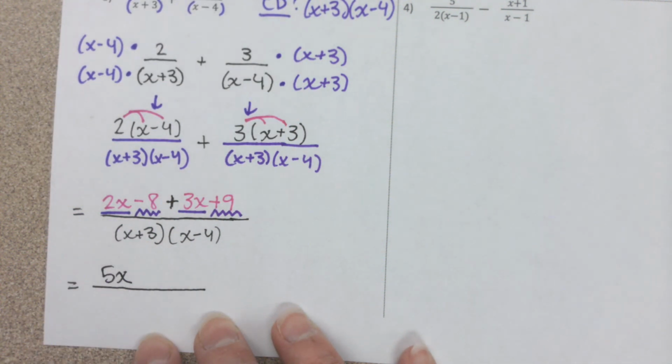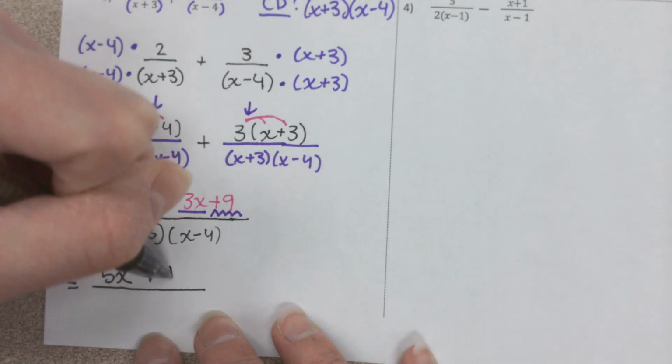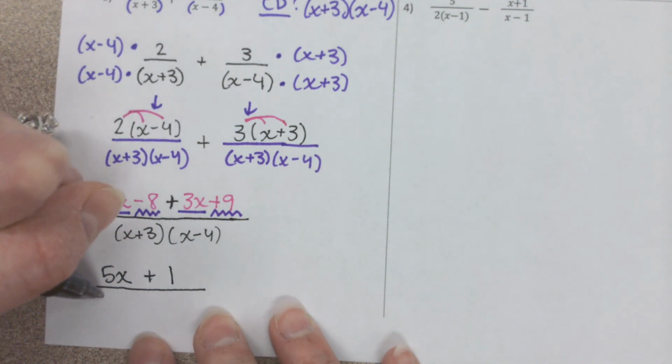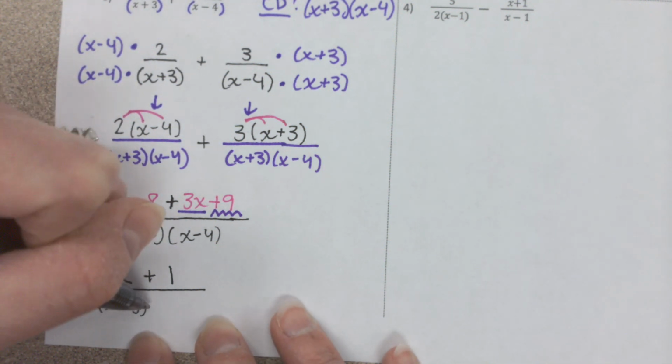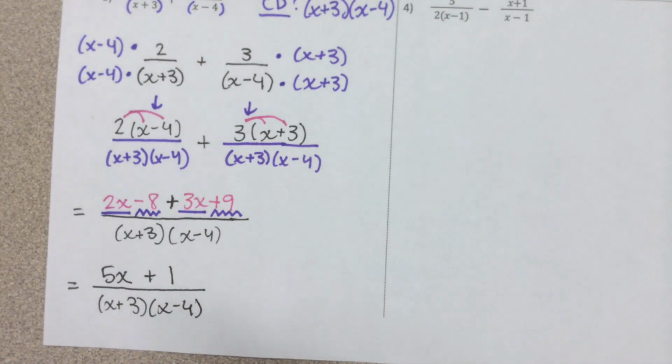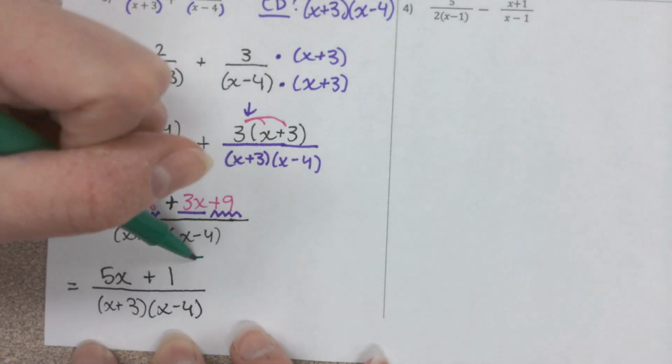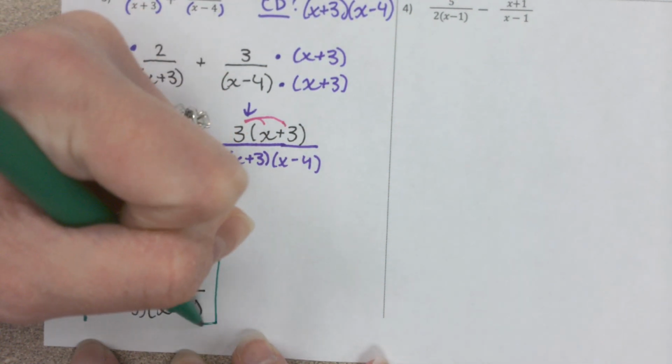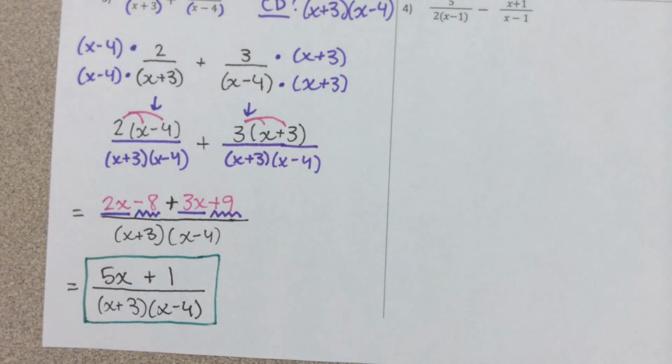Negative 8 plus 9, that's positive 1. 5x plus 1, and then don't forget the denominator. X plus 3, x minus 4. And there's our answer. If you forget the denominator in your final answer, it will be counted as wrong, just an FYI.